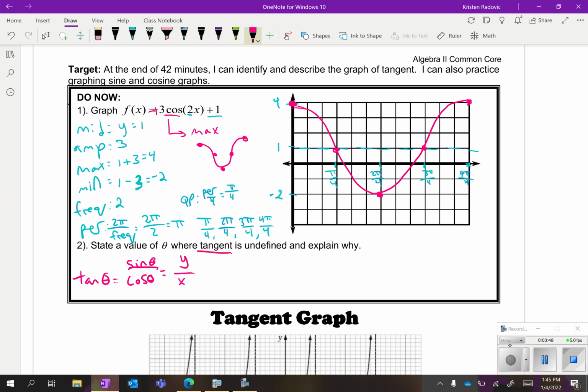Now, when you take that unit circle, and we have a circle, we have the coordinates on a circle, because remember, a unit circle starts at the origin 0, 0, and has a radius of 1.